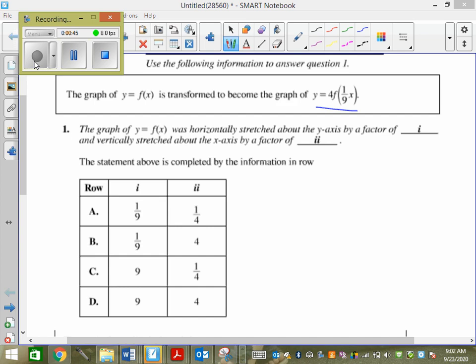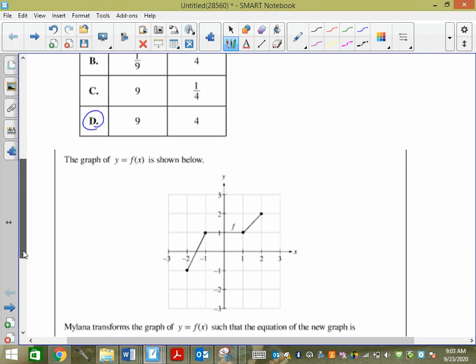But it's already in y equals, so we know the graph was horizontally stretched by a factor of 9, which is always going to flip, and vertically stretched by a factor of 4, which doesn't flip. That's D.